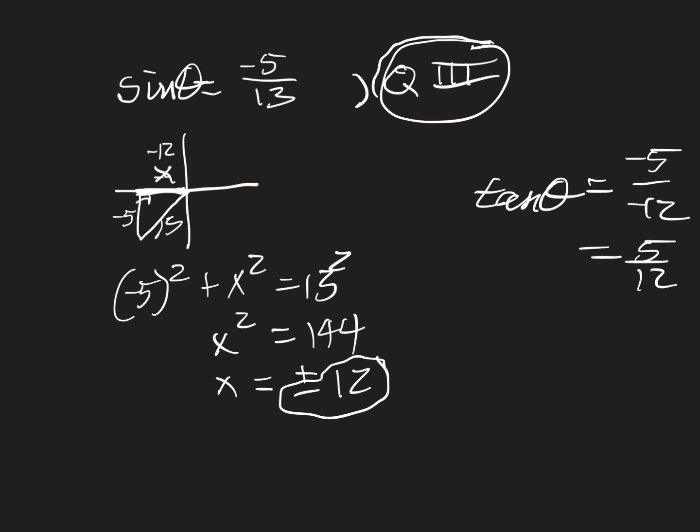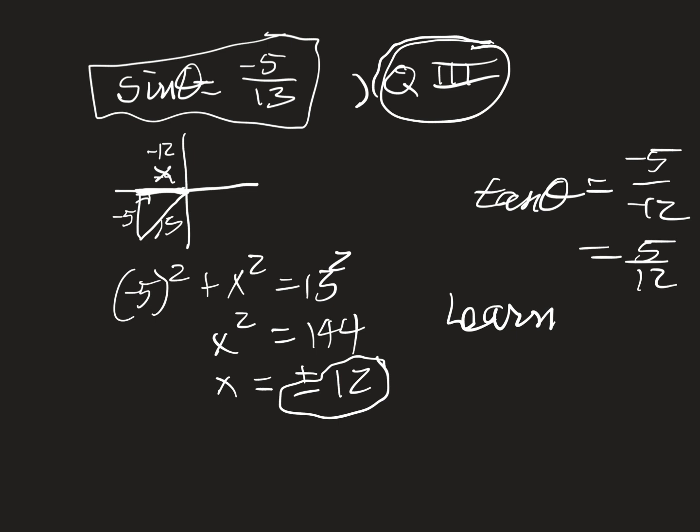Now, there are quite a few excellent examples of these in your lesson. So go through the learn in detail and see how they start off in one place and then they'll find another trig function. And then what's it like if they give you the quadrant or they don't give you the quadrant?